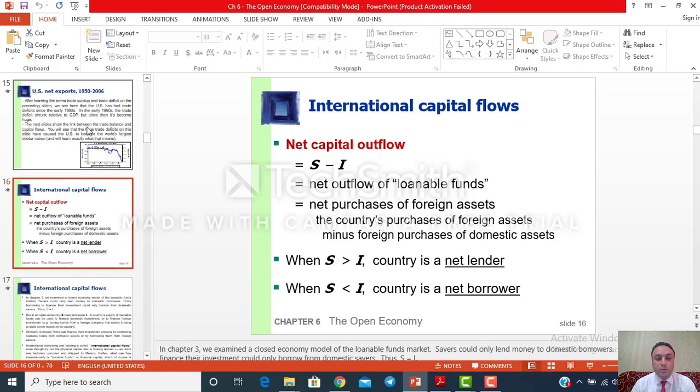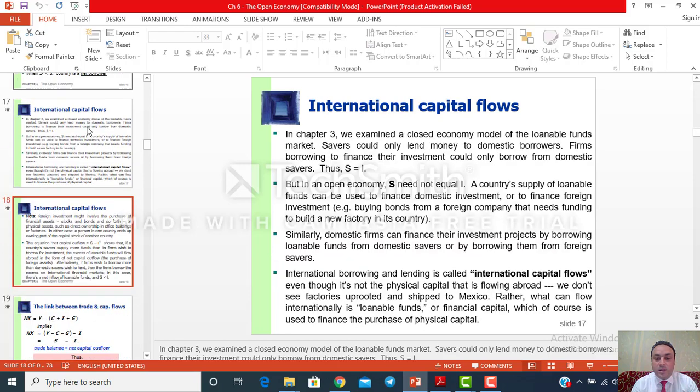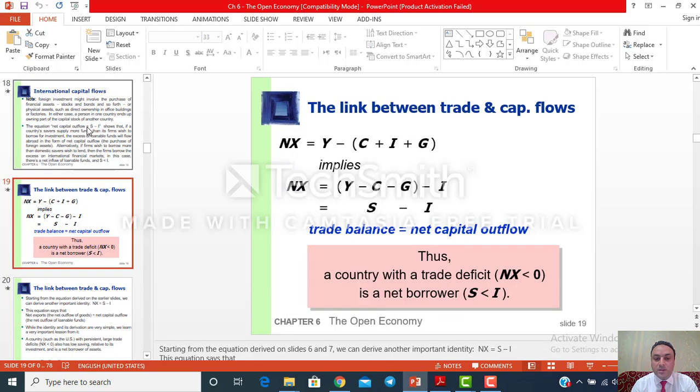These two things are related, as we saw in the previous section, the link between trade and capital outflow. When we talk about trade, we are talking about exports and imports of goods and services. When we talk about capital outflow, we mean savings and investment.